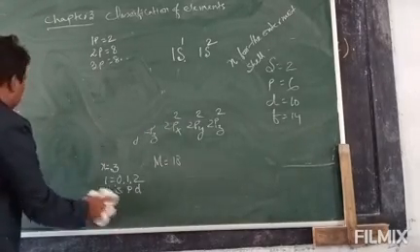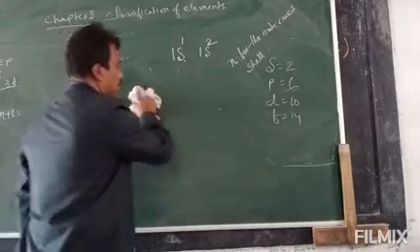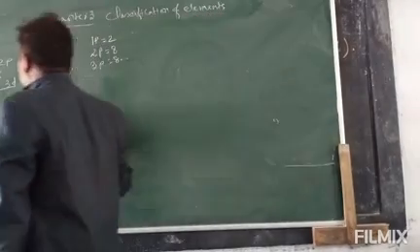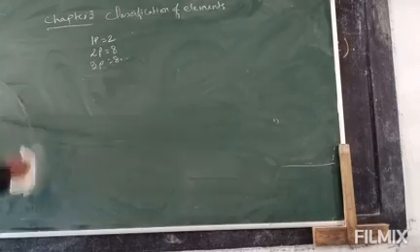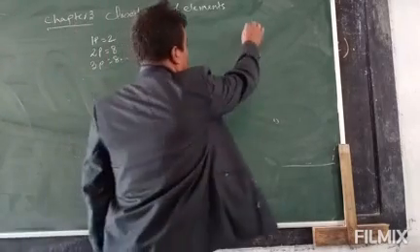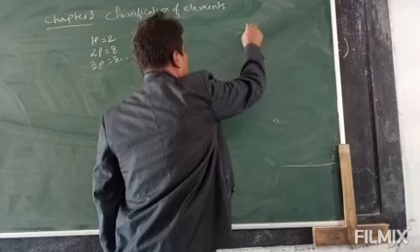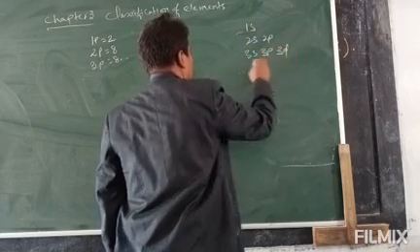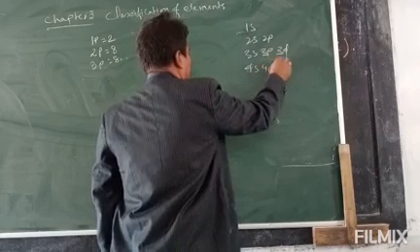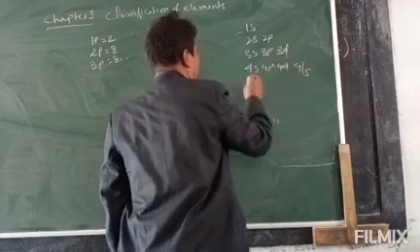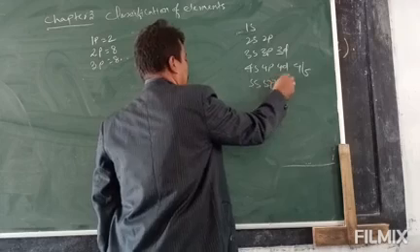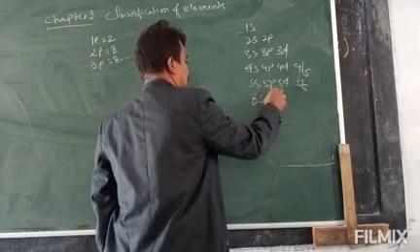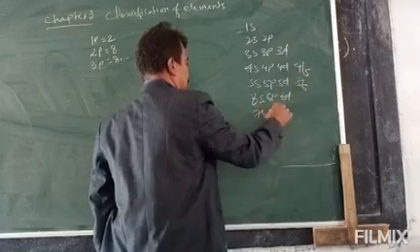So if you take n equal to 4, that is the 4th period, let us see how many elements are possible in the 4th period. In order to know that, we have 1s, 2s, 2p, 3s, 3p, 3d, 4s, 4p, 4d, 4f, 5s, 5p, 5d, 5f, then 6s, 6p, 6d, 7s, 7p.